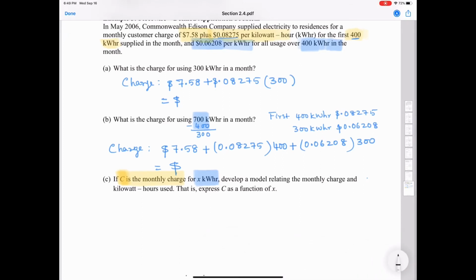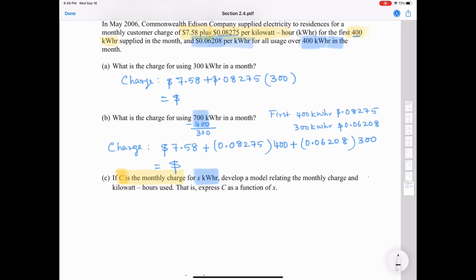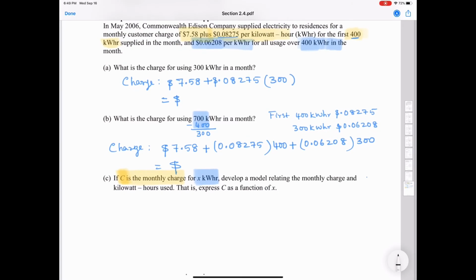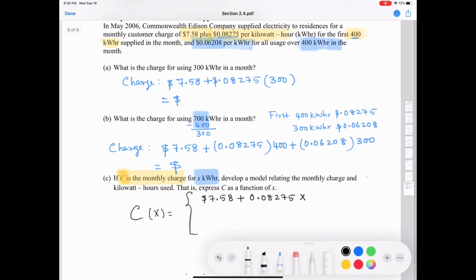I will have this function in two different pieces. The first function I can write is C of X equals 7.58 plus 0.08275 times X. Now it's very important we write the domain of this function.